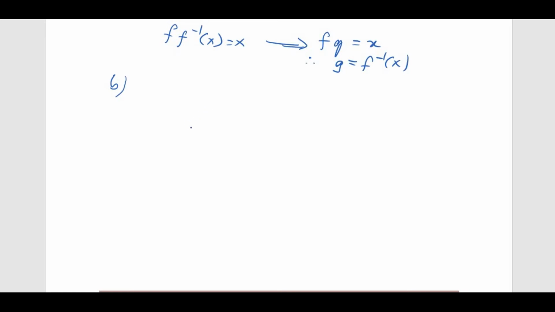So we have f of x equal to ln of 2 over x minus 1, where x should be greater than 1, and then we have g of x equal to 1 plus 2 exponent negative x.